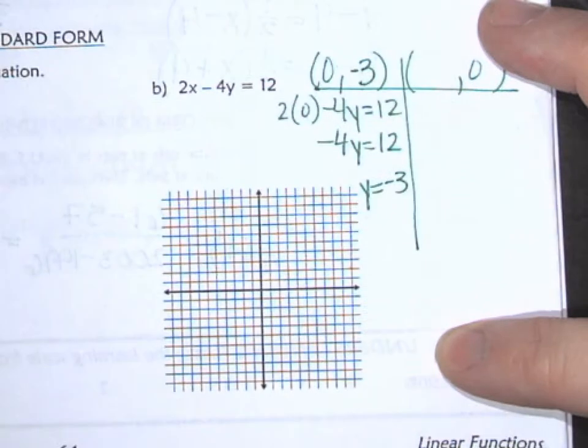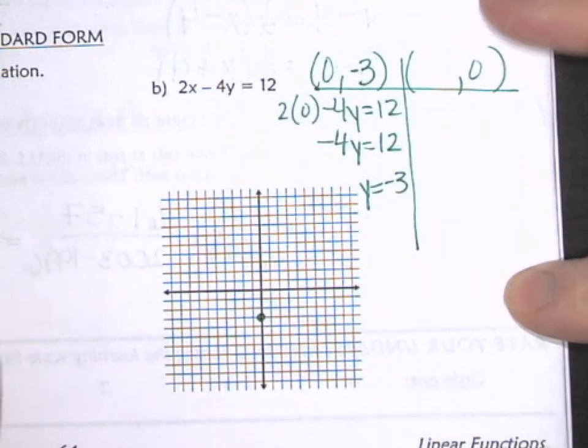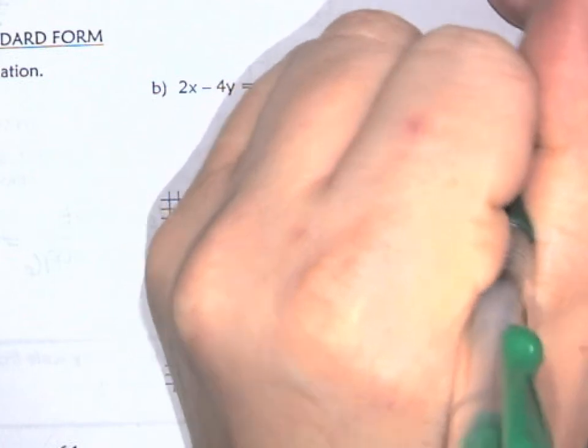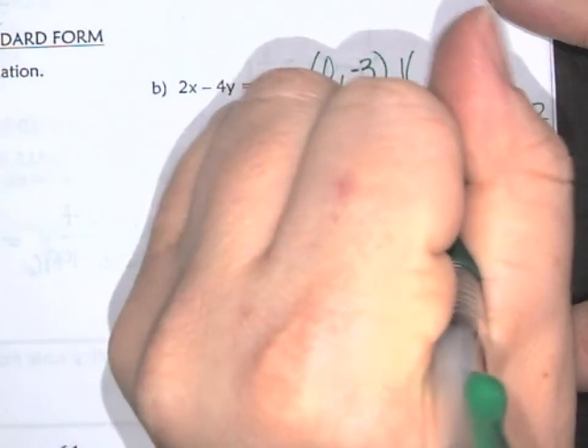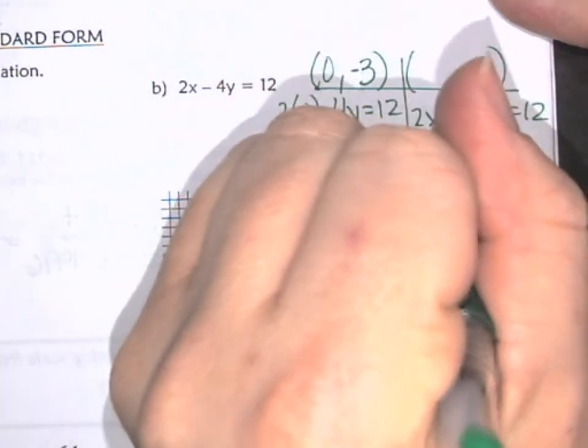So we have a negative y value. And then here, x equals 6.